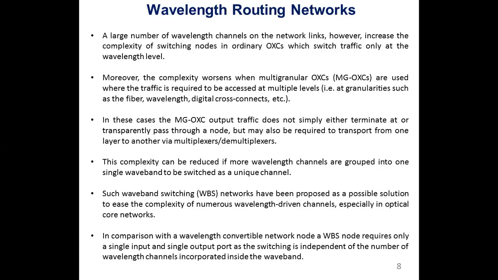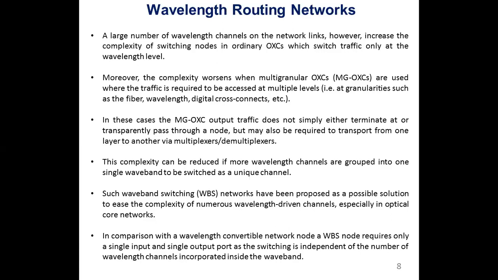So the technique of waveband switching (WBS) can also be used in optical networks, and this is a solution to lessen the complexity of wavelength routing networks, especially if you are using the optical network as a core network. That means if you are trying to connect this network to global ends.